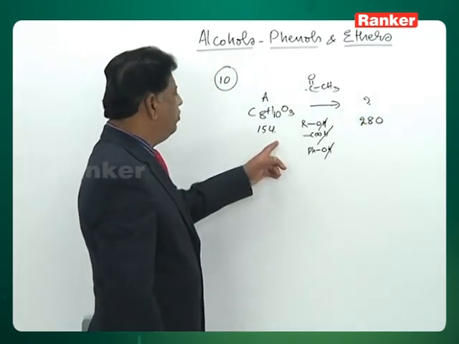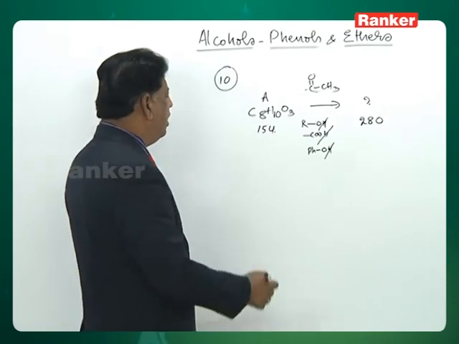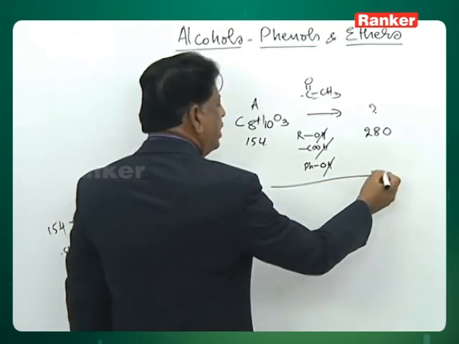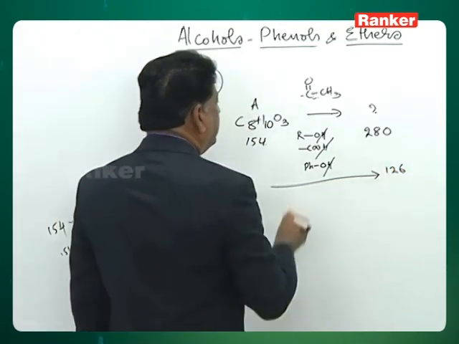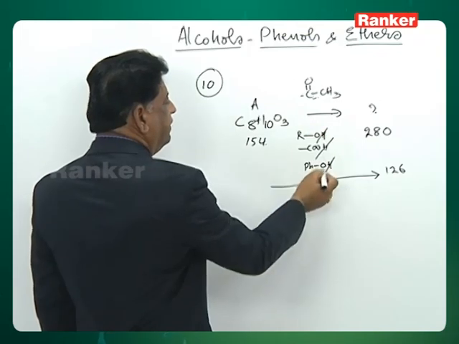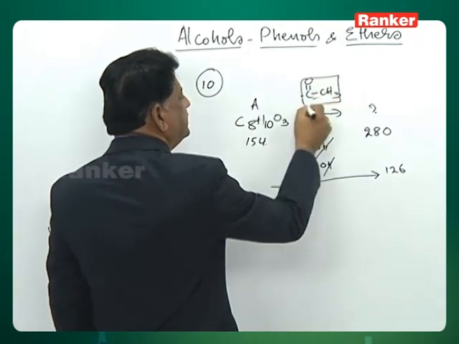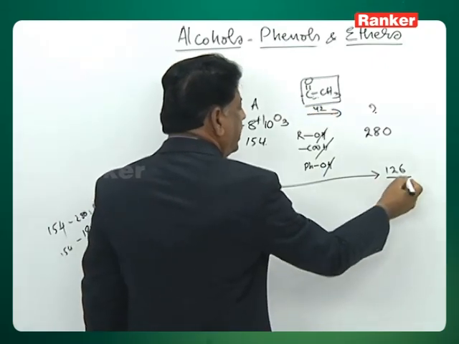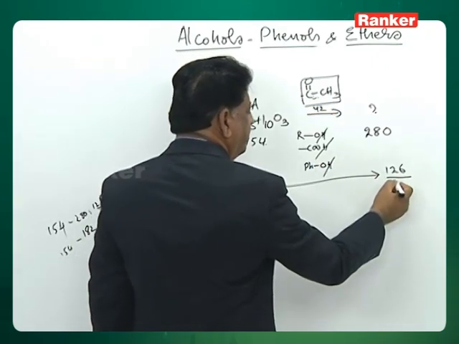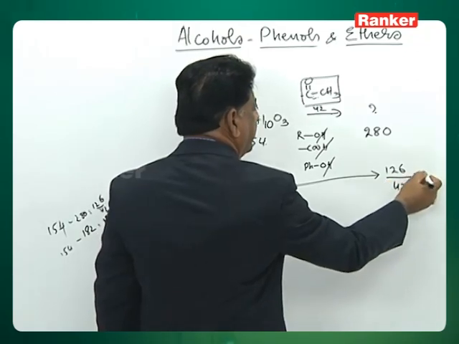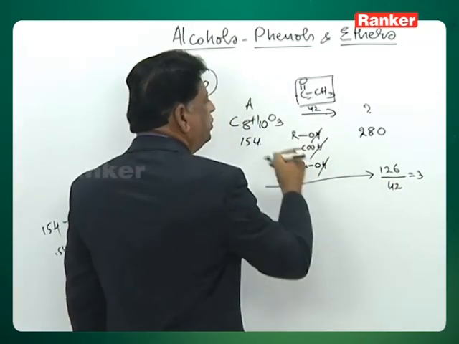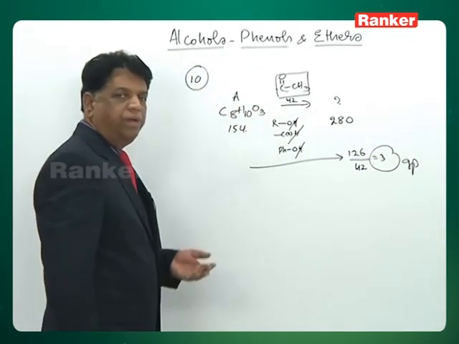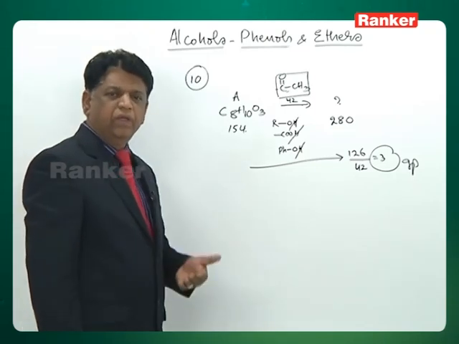That means 154 has become 280, so the increase is 126. The H removal and COCH3 addition means a 42 unit gain. So 126 divided by 42 is 3. That means 3 groups are present. Out of these 3 groups, how many are phenolic or how many are acidic? We are going to see.